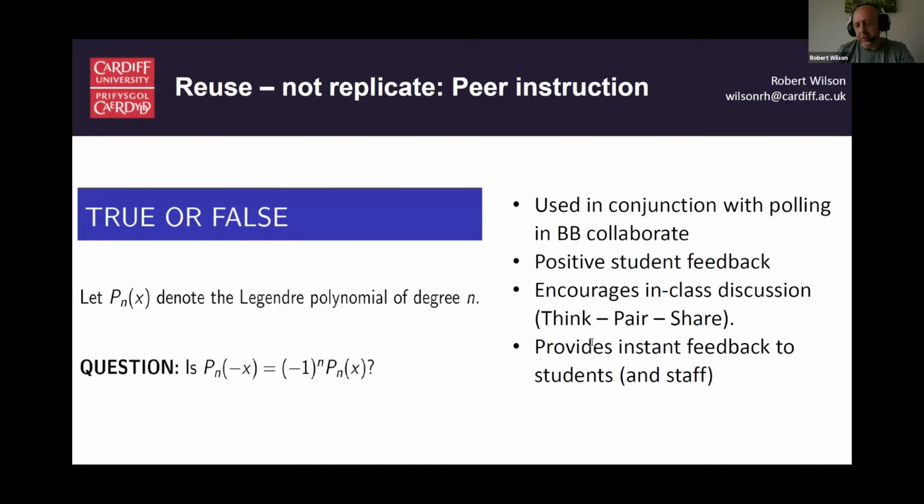You can ask students to do things individually. You can ask them to vote, which can be set up really easily using a simple poll in seconds in Collaborate. You can send students into breakout rooms to discuss those ideas and then come back and vote again. And the level of feedback it provides you as an educator, as well as the students, I think is invaluable.